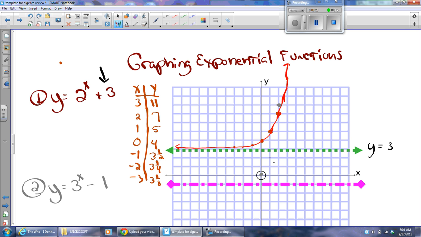So right there. And then if I do a -1 for x, I get a 1/3. 1/3 minus 1 is -2/3. And then if I get a -2 for x, I'm going to get a 1/9. So it'll be 8, actually 2/3 would be down here more, wouldn't it?